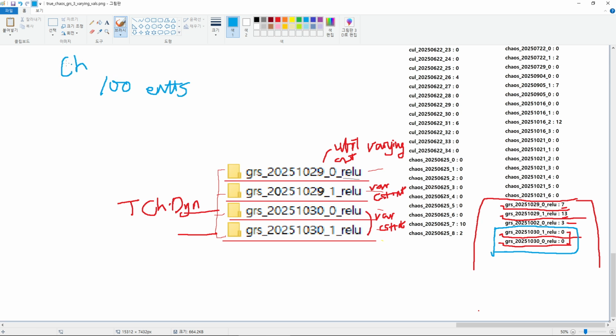whilst doing true chaotic dynamic, and 100 entities in 100 libs, I could reach the true ceiling.